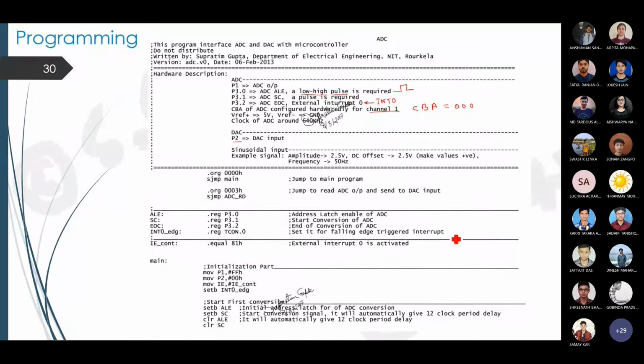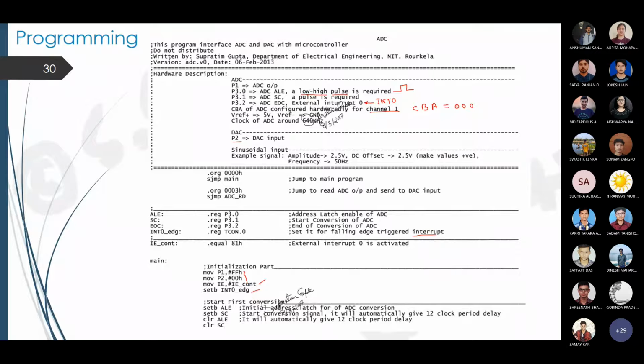This is used to set falling edge triggered interrupt at INT 0. And then we go for initialization, where we set P1 as input and P2 as output. Then we set the IE register and set the INT0 edge so that the interrupt occurs at the falling edge.